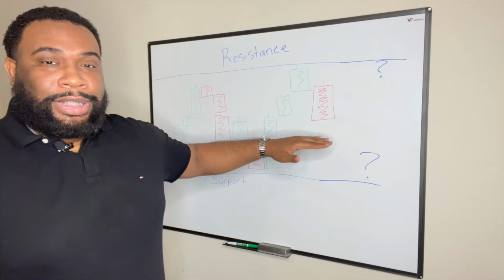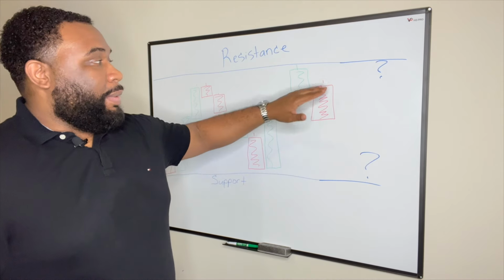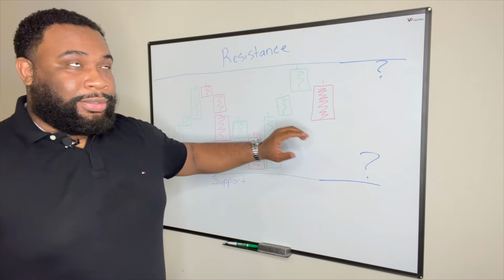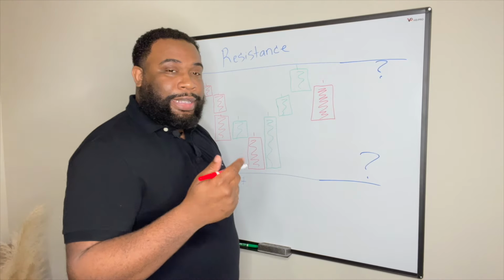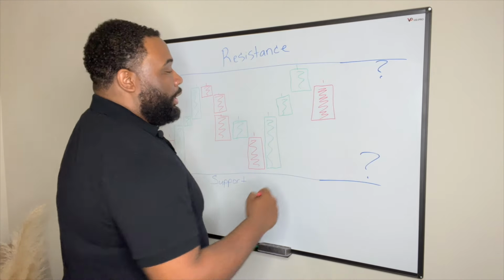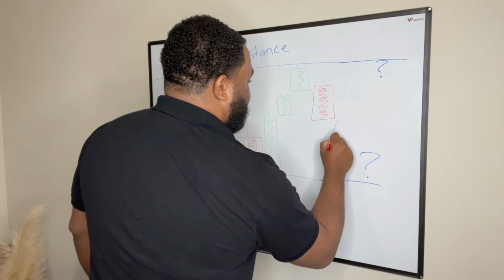So let's go over a couple examples here to see how you would play this support and resistance chart. Let's say that you were coming down and you saw something like this.